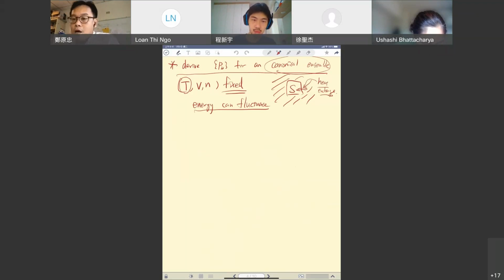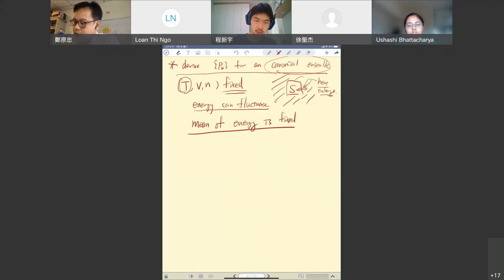Okay. Then Gibbs postulated that in a TVN ensemble, although energy can fluctuate, the mean of energy is a fixed value. So at a given temperature, the average energy should be a fixed value.